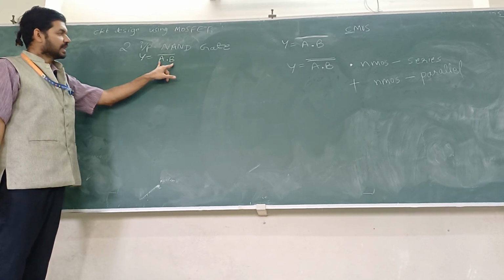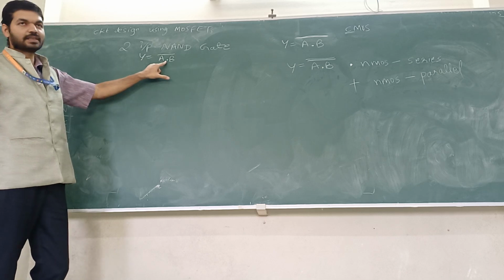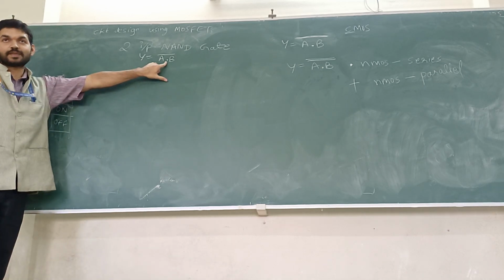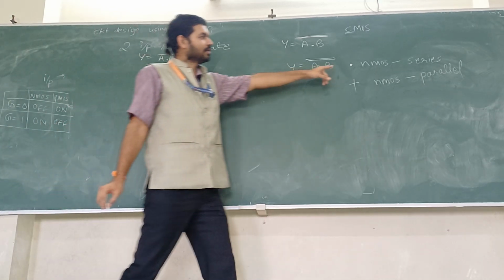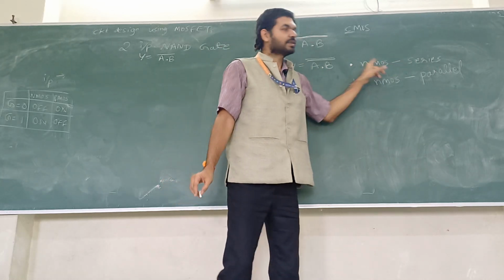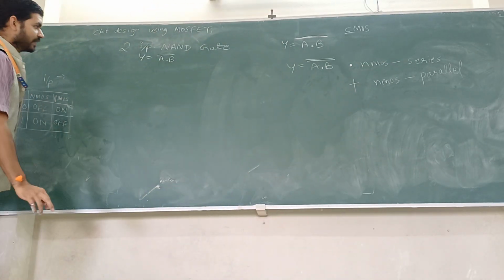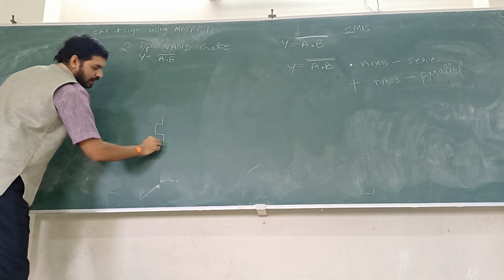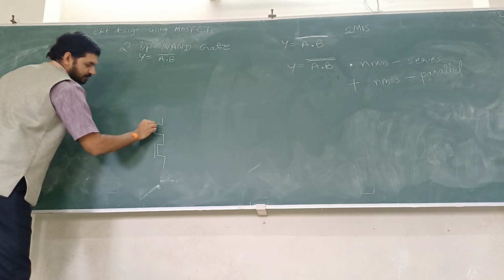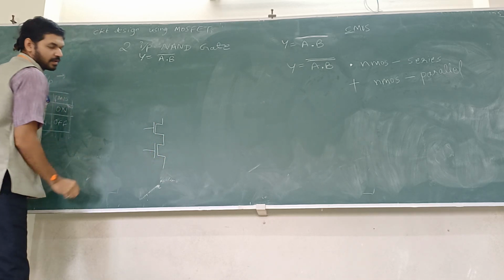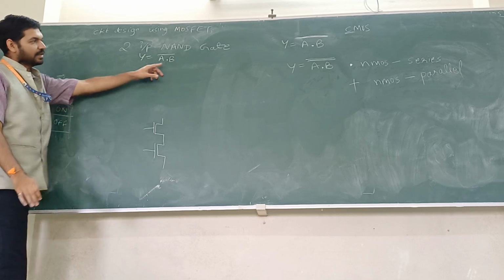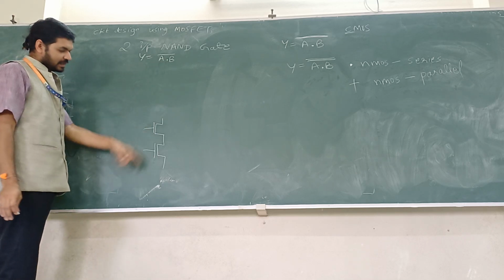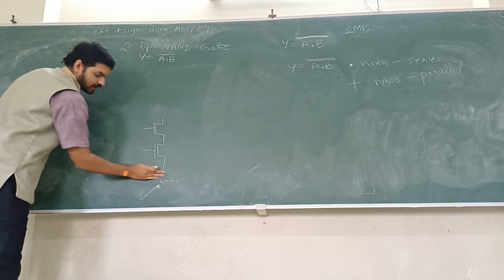Just observe what is present. Dot is present. For dot, what will I follow? NMOS is in series. So I will take two NMOSFETs and place them in series, because I know for dot product NMOS is in series.